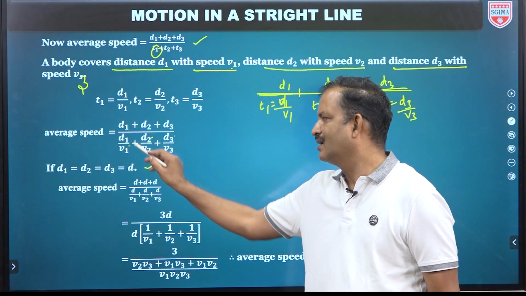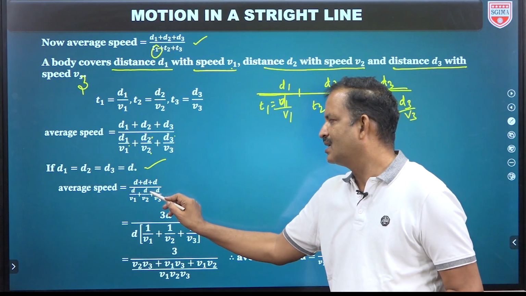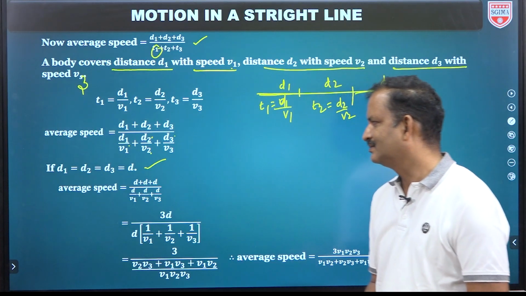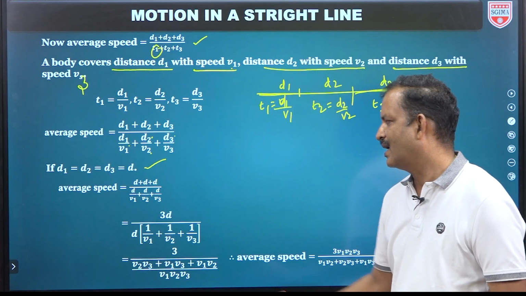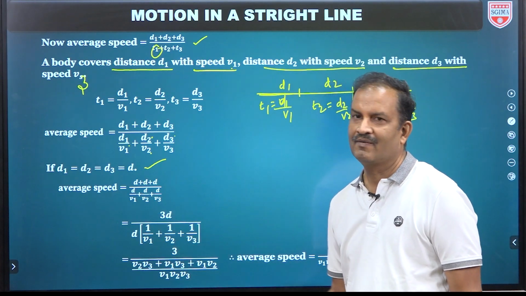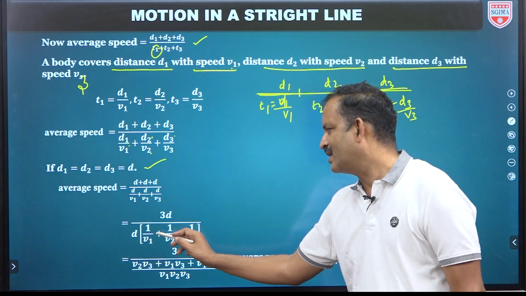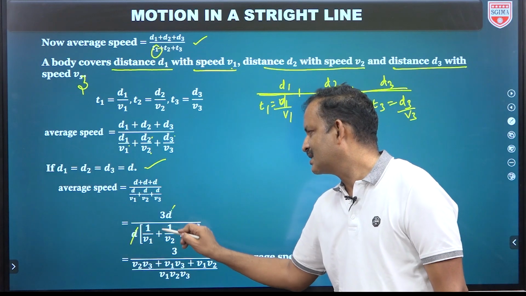Then this is 3d by d taken common, 1 by v1 plus 1 by v2 plus 1 by v3. The d will cancel.